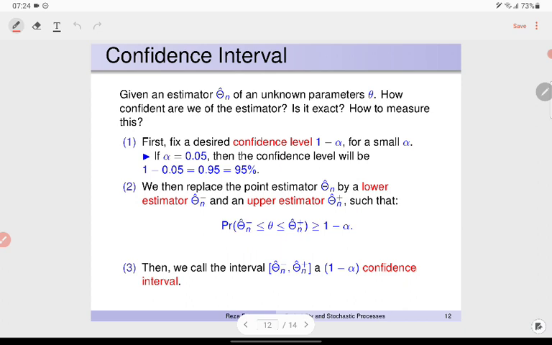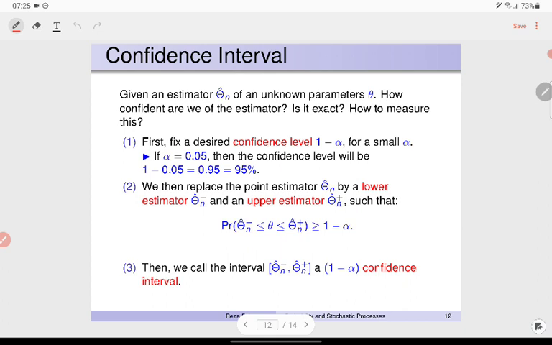We replace theta hat n by two values, a lower estimator theta hat n minus and an upper estimator theta hat n plus, such that the probability that our parameter theta resides between them, theta hat n minus less or equal to theta less or equal to theta hat n plus, must be more or equal to 1 minus alpha, our confidence level.